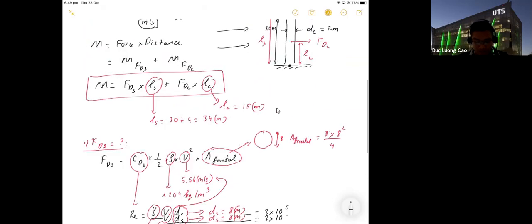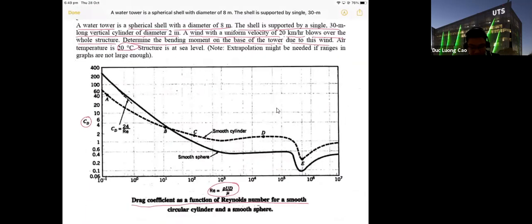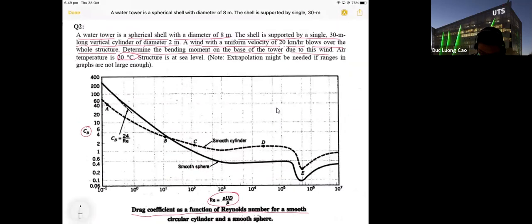Now we come back to here. For the sphere, it's a smooth sphere. So you have the Reynolds number. This one is 10 power 6, this one 10 power 7. So 3 times 10 power 6, it will be maybe around here.